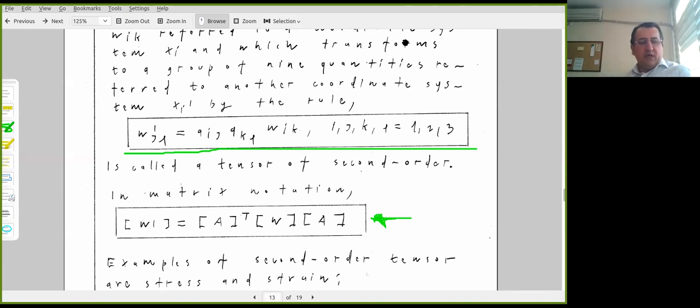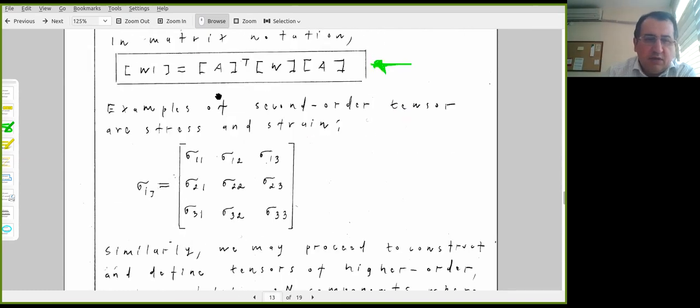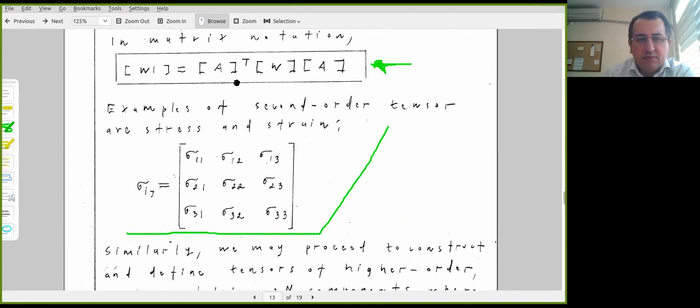Its components can be calculated in a new coordinate system. And strain also transforms as a second order tensor. The examples are given here. We will talk about stress tensor, sigma ij. It has 9 elements, and it transforms according to this definition.